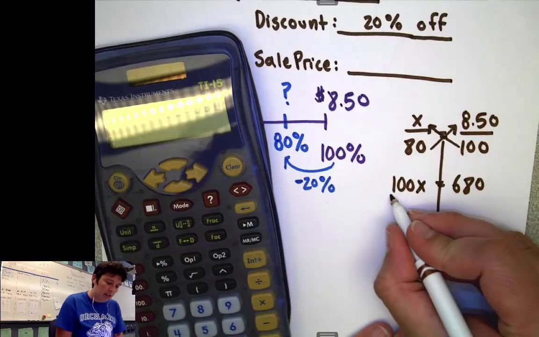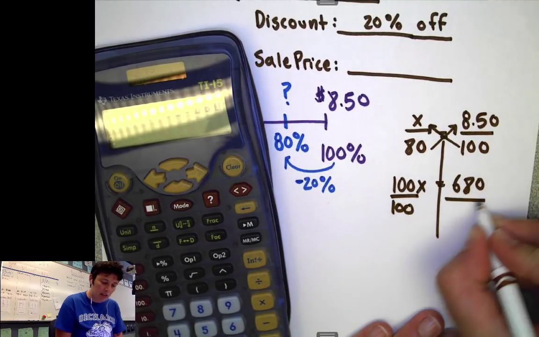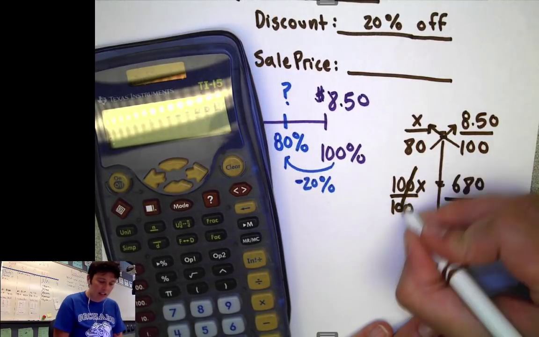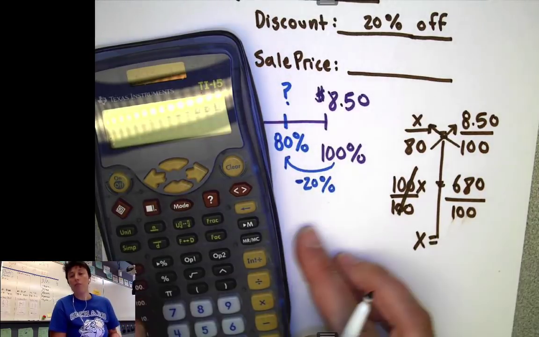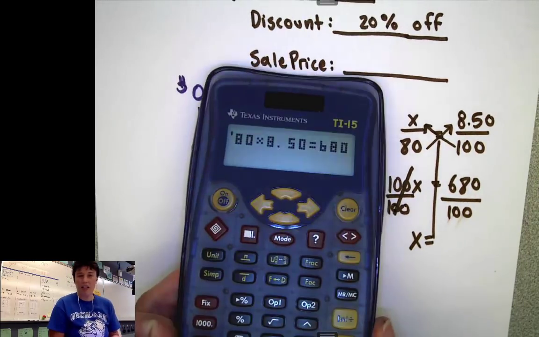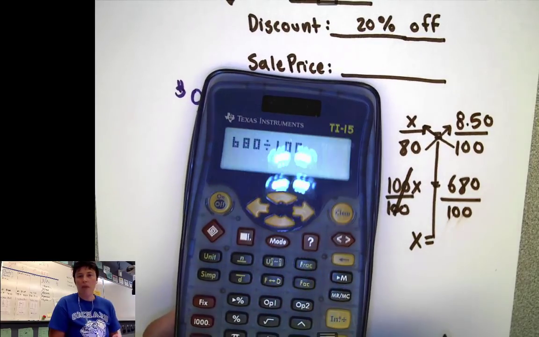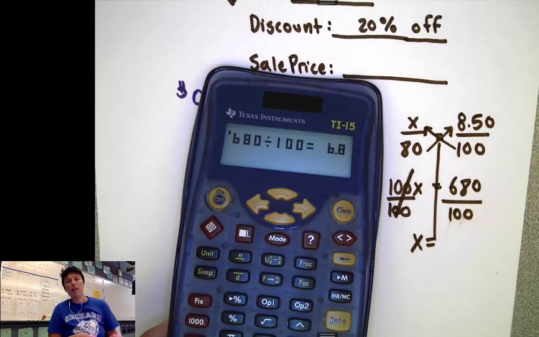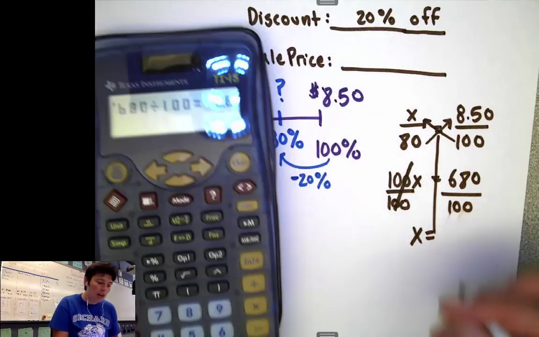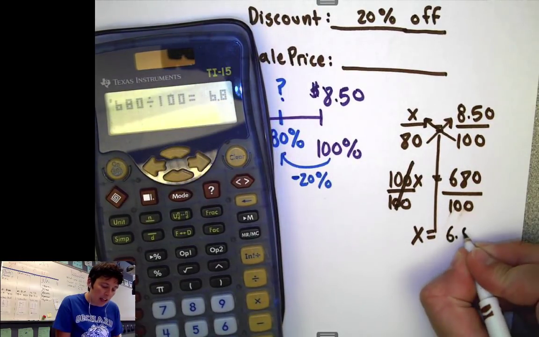Okay, let's divide the 100 away from the x. We know that's a good step to do. And technically, I can do this in my head, but if you don't believe me, what is 680 divided by 100? You just got to move that decimal point, and we get 6.8. So our answer is 6.80.